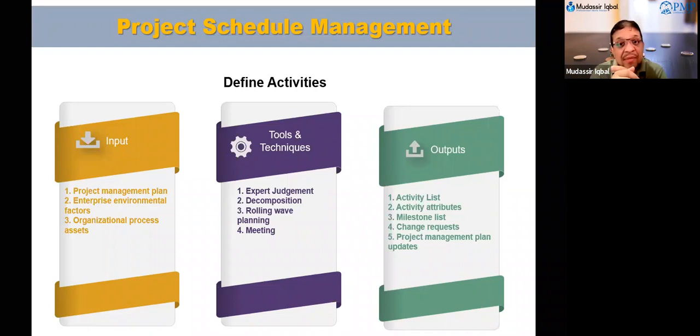Enterprise environmental factor is very simple. It is a turf where you will be playing your game. It is something you cannot change. It is your internal activity. It may be external, because some of the activities are dependent on your licensing. Some of the activities are dependent on a consultant who is going to come from another country.